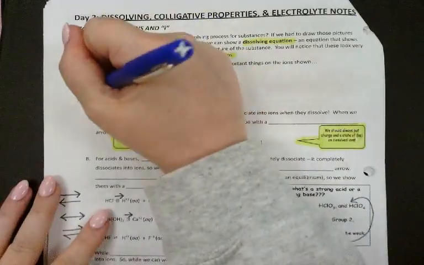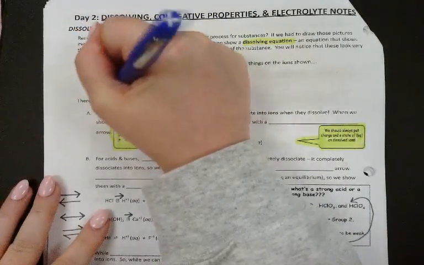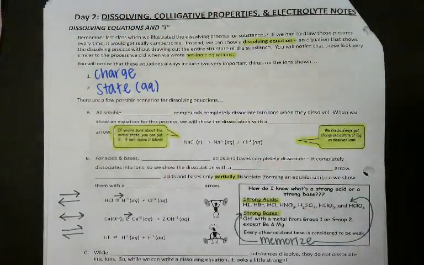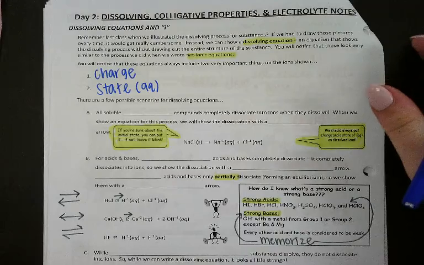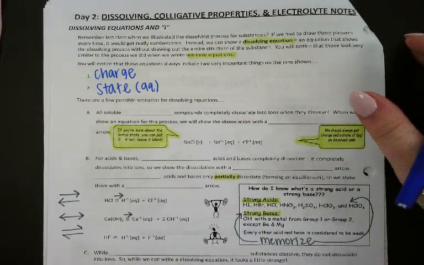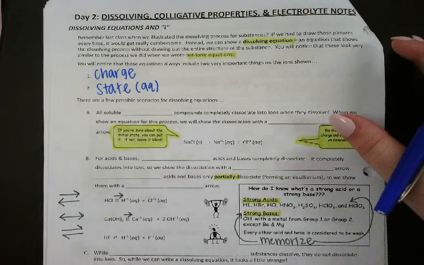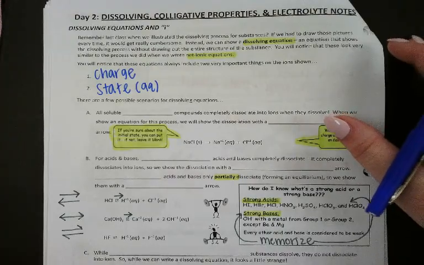The state. Now, why did I put AQ here and not, like, S? Joey? Yes, because aqueous means that they're dissolving in water.